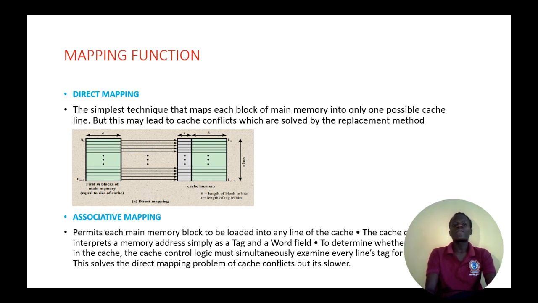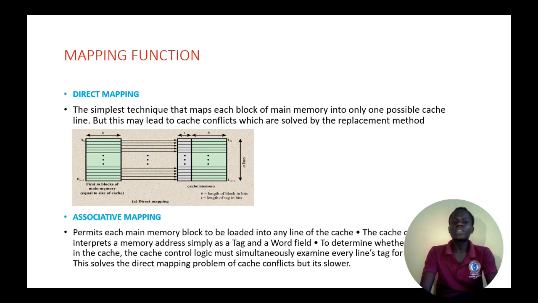So in this mapping, every block in the main memory is assigned to a specific block in the cache memory. Each block that comes from the main memory to be mapped in the cache memory comes with its specific location where it will be stored. Because of that, this may lead to cache conflicts, which are solved by the replacement method. We shall look at the replacement method later.